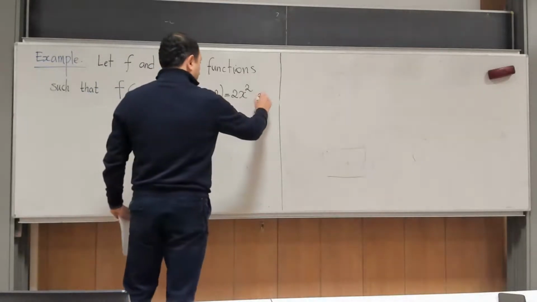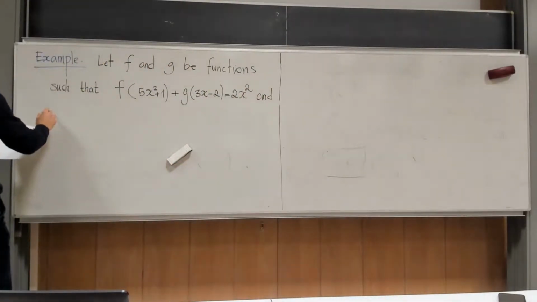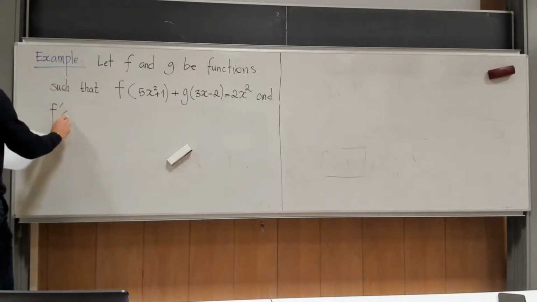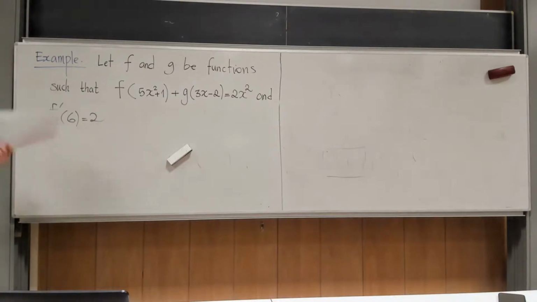And hopefully I have written it correctly, but you can correct me now. You're an expert. And f prime of 6 is 2.